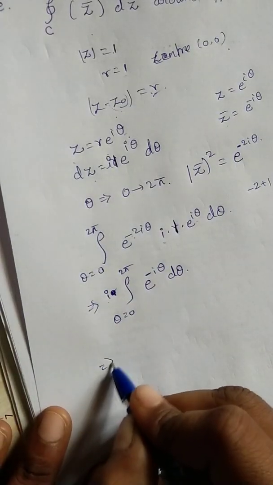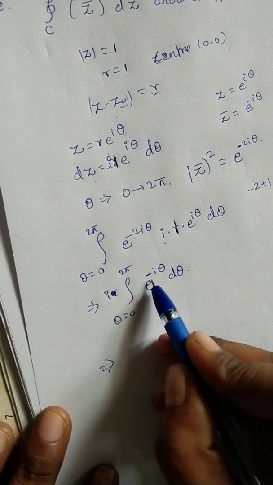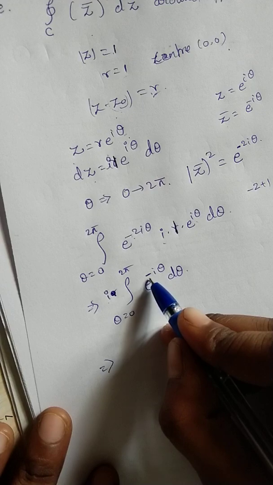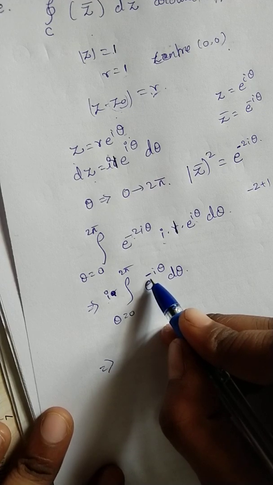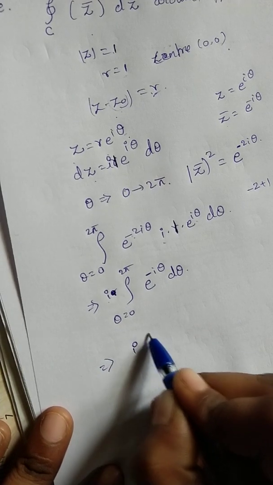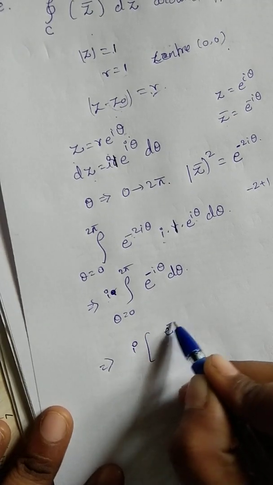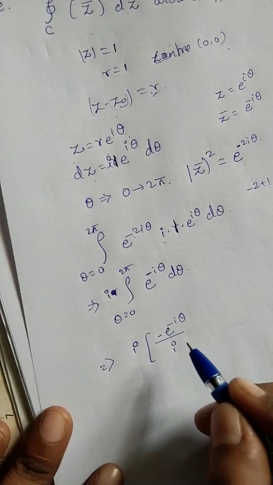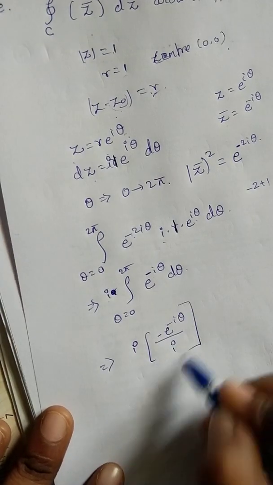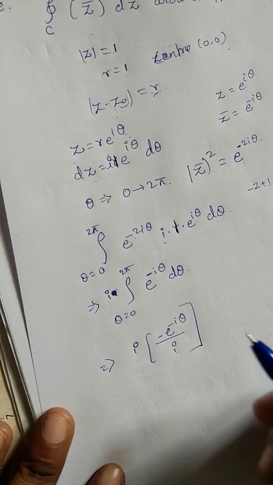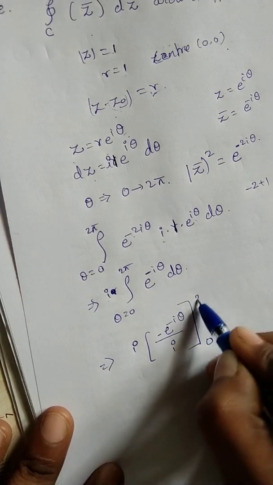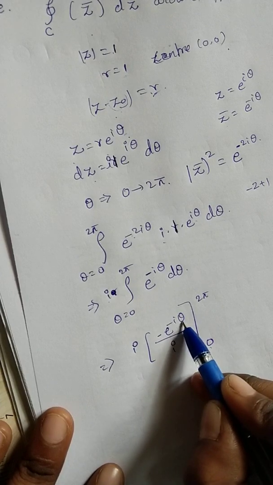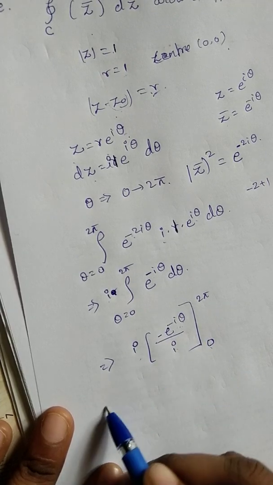Now what do we get? e power minus I theta, differentiation is e power theta with the negative sign. Okay, so it will be like I into e power I theta, we write as it is in negative sign, then I on the denominator. So with 0 to 2 pi, here upper limit minus lower limit we need to apply along theta, so we can take the I common.